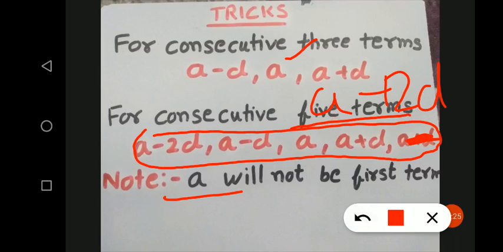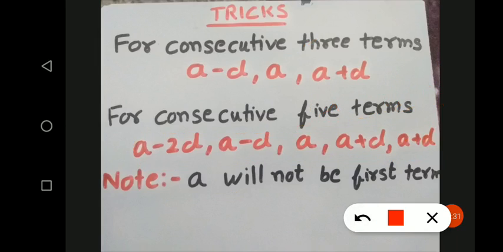One more thing you have to see here is that the number of terms is odd. This is for 3 terms and this is for 5 terms. We are just talking about odd numbers of terms.